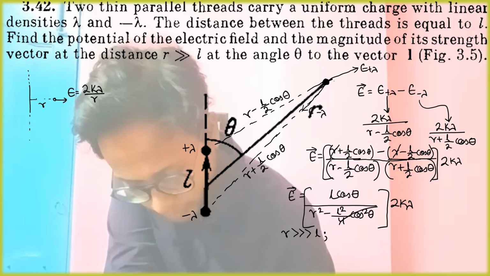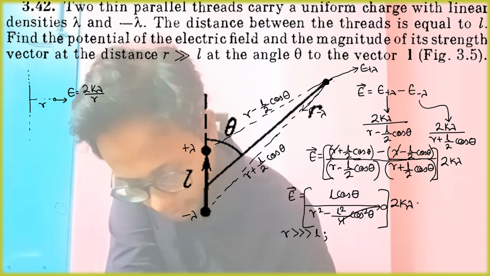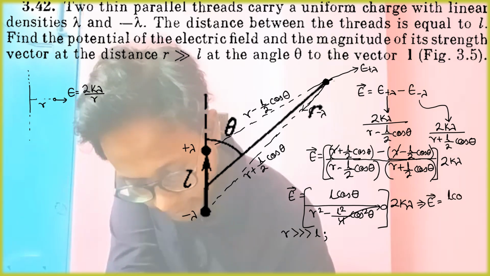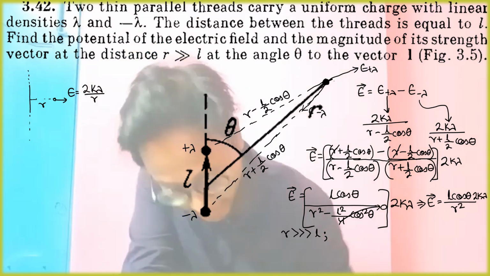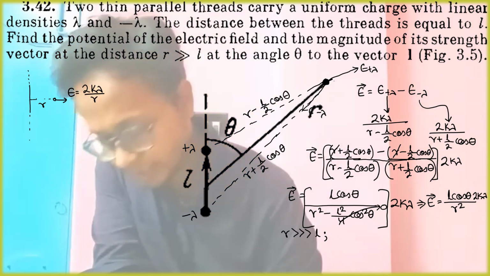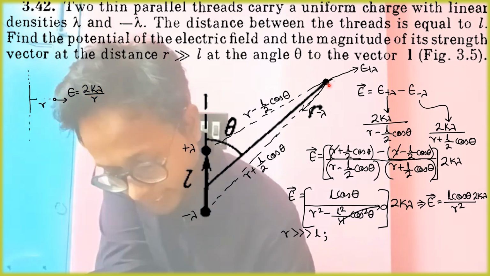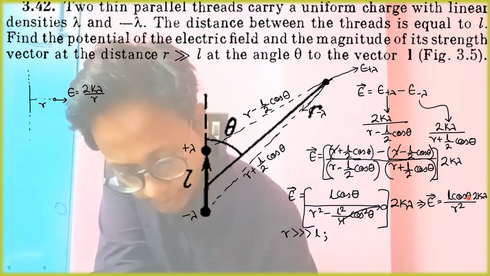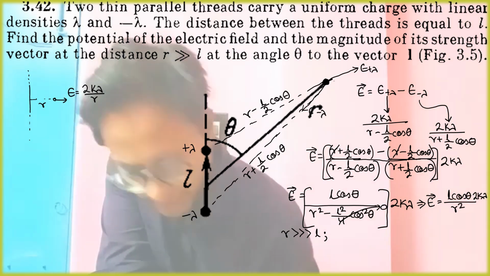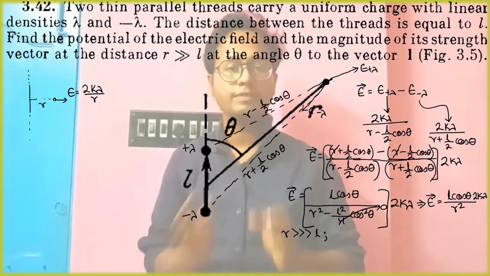This term will tend to 0, isn't it? So the electric field at this point would be L cos theta by r square into 2k lambda. Now this much is done. So the electric field at this point is along the direction of r with the magnitude 2k lambda L cos theta by r square. This much is fair and fine.